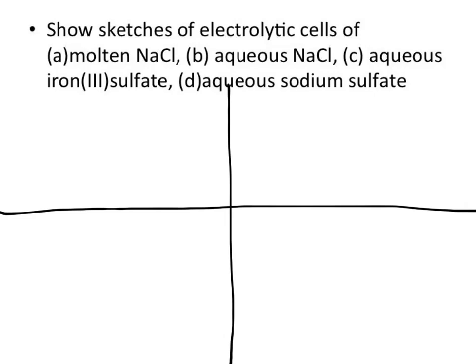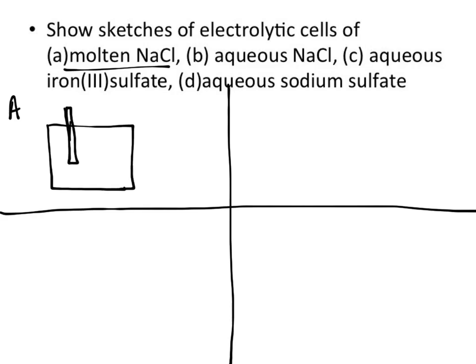So one of the things we're going to do is draw A, which is molten sodium chloride. So here I have my cell again. I have my electrodes. I have my power source with my negatives here, positives there.